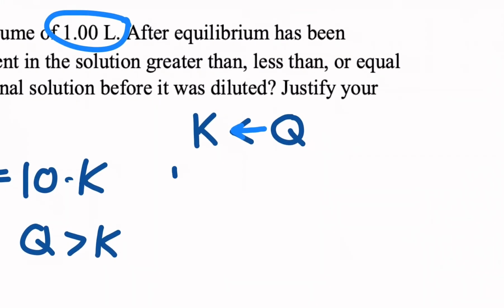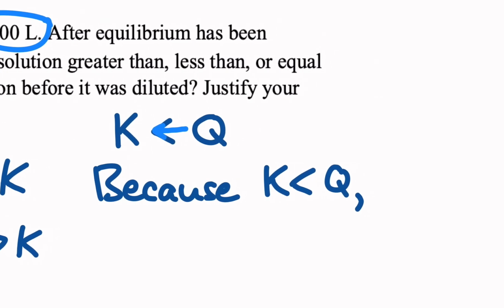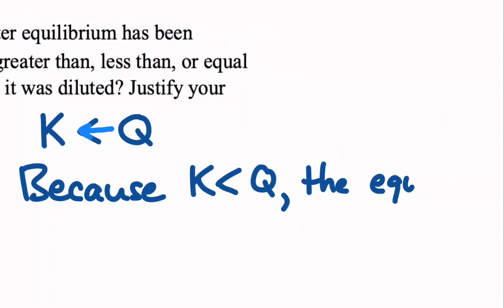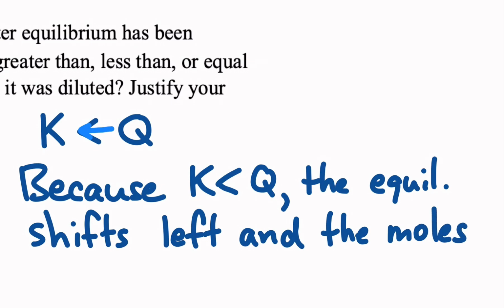So we'll say because K is less than Q, the equilibrium shifts left and the moles of barium increase.